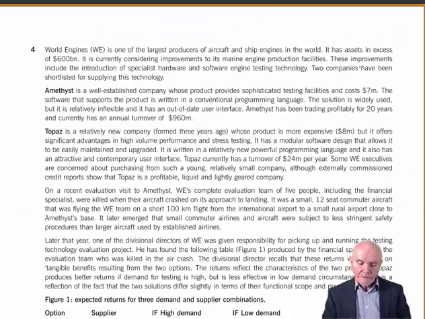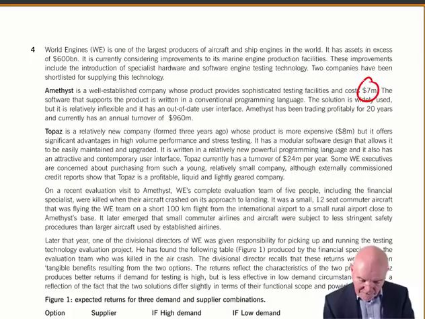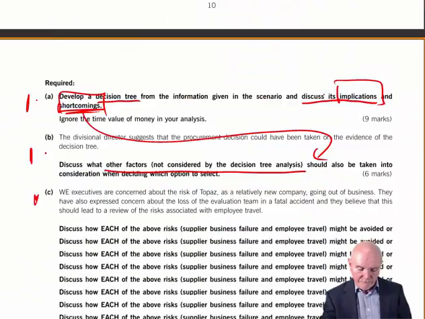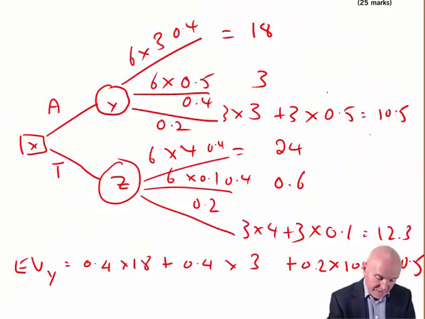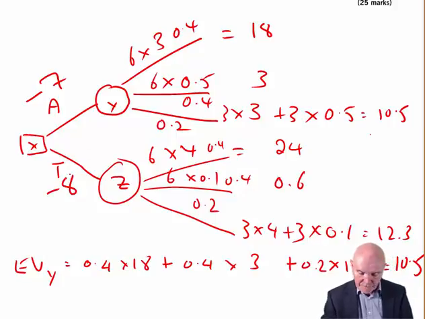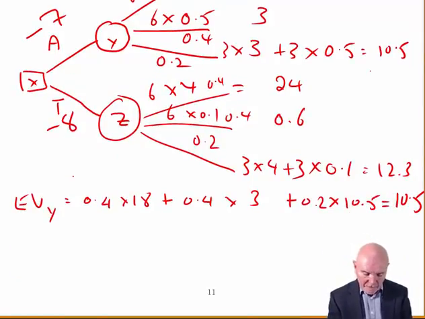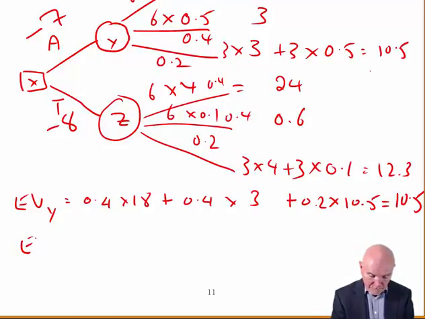Oh, yes. Costs in here of 7 and 8. So the way I would do it is minus 7 in here and minus 8 there. So at 10.5 there.